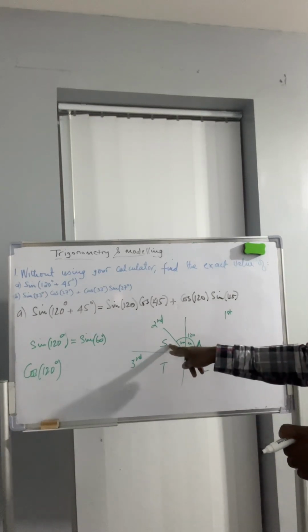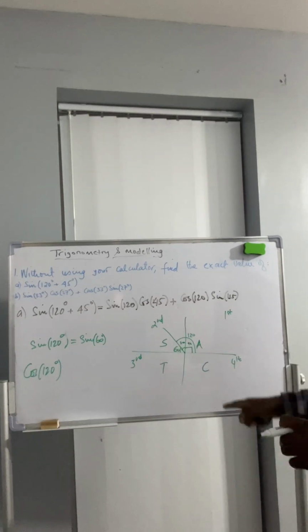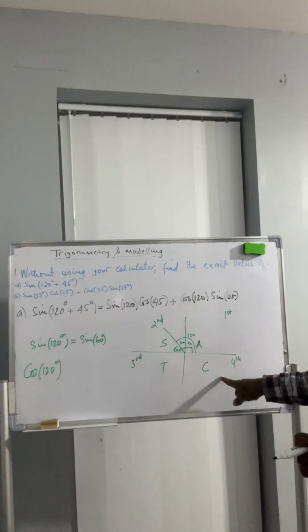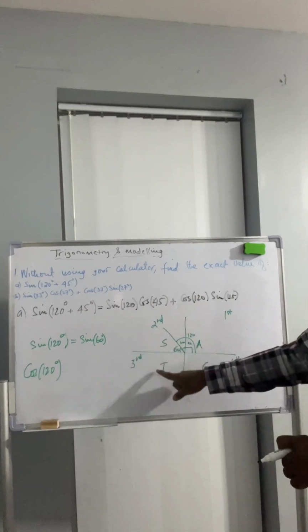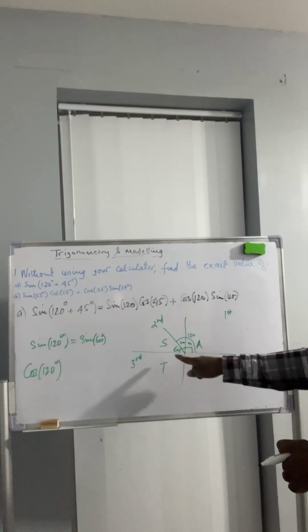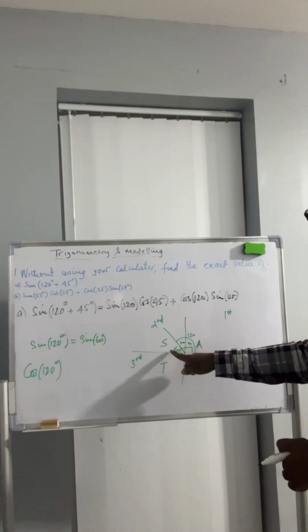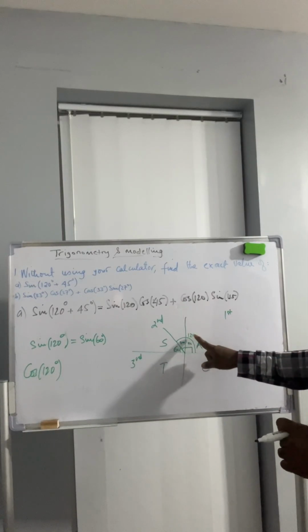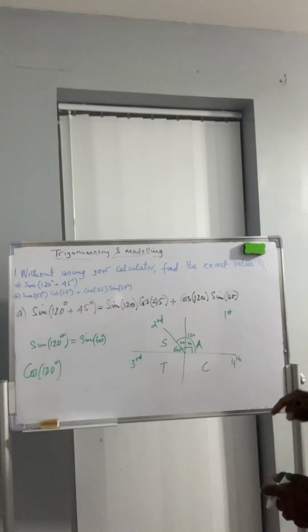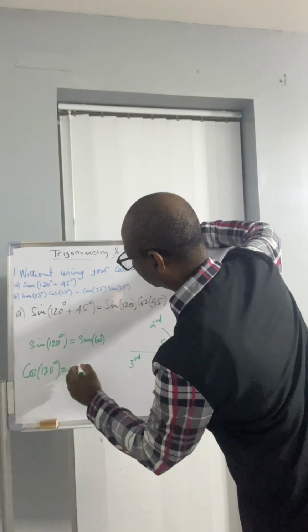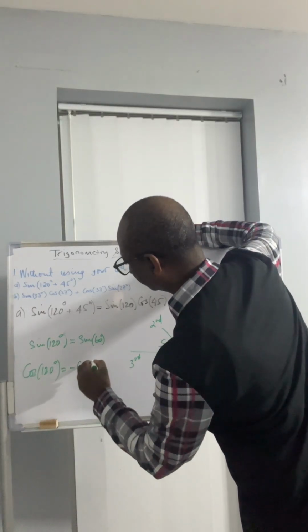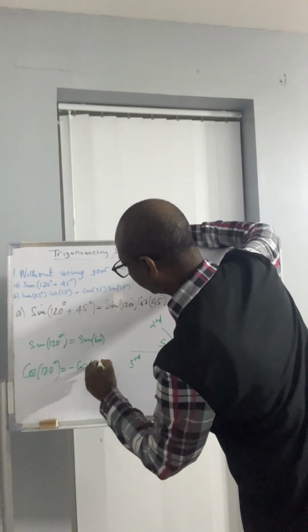Only the sine is positive here. Here the cosine is negative. Cosine is positive only in the fourth quadrant and the first quadrant. In the second and the third, cosine is negative. So therefore, although the cosine of 120 degrees relates to 60 degrees, it will be negative. So the cos of 120 is minus cosine of 60 degrees.